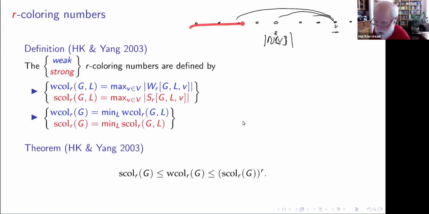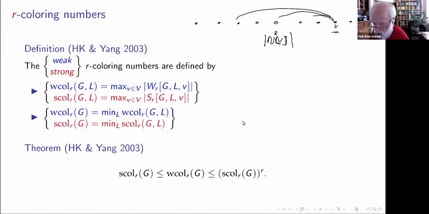Here I implicitly had an ordering. So supposing you have an ordering fixed, then the weak R coloring number of the graph with respect to this ordering is the worst case of a vertex in it.